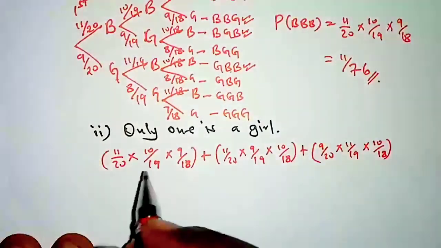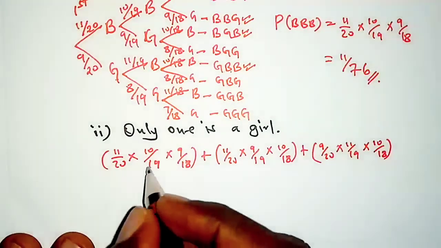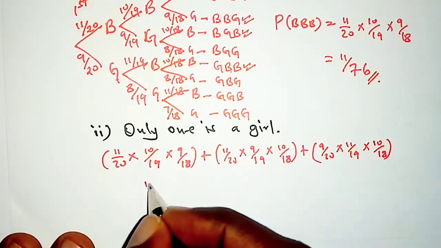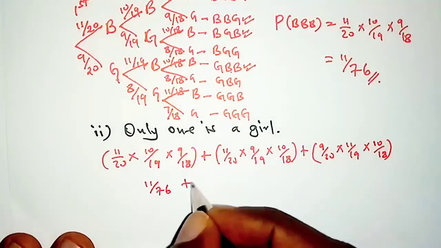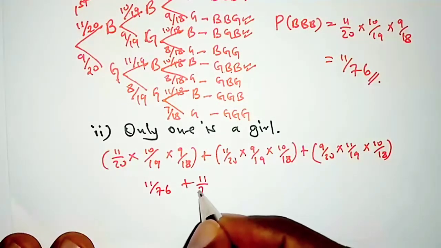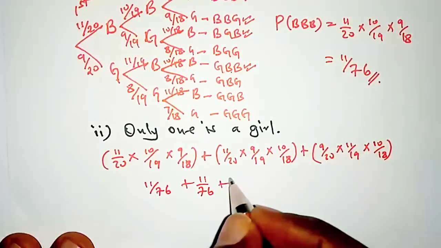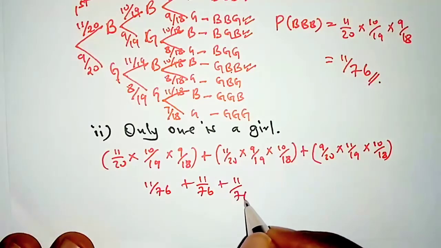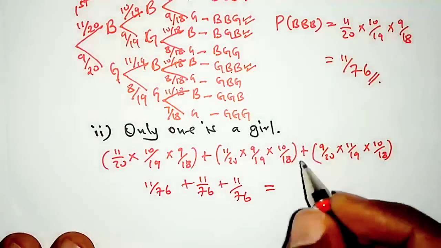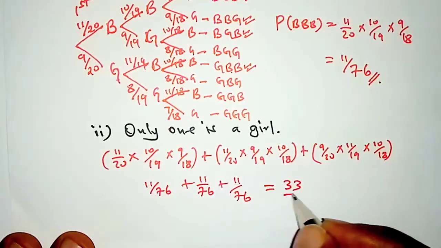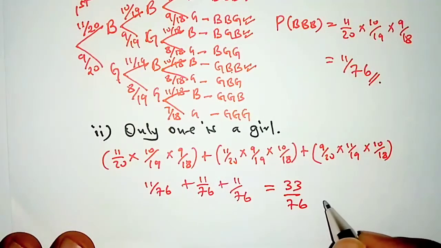And when these are worked out, for this case here, we should get 11 over 76 plus here also 11 over 76 plus here 11 over 76, and this should give us 33 all over 76.